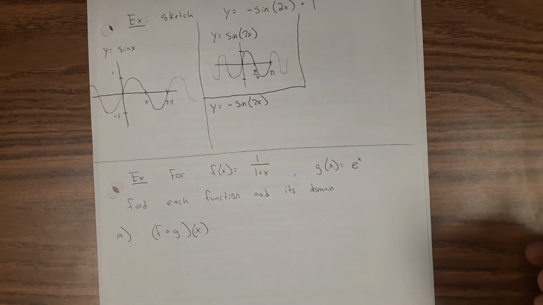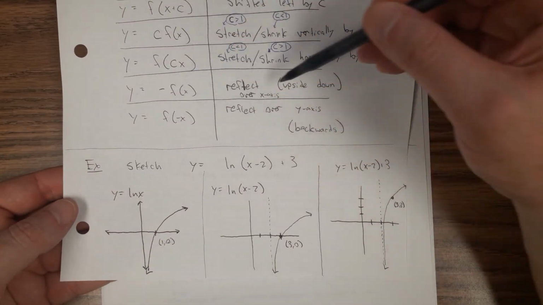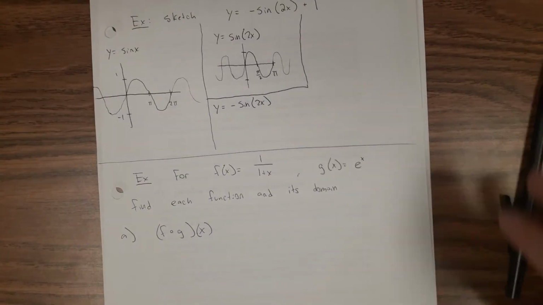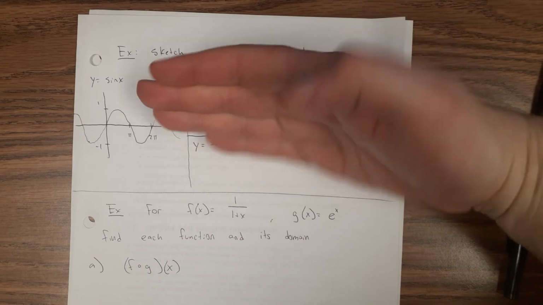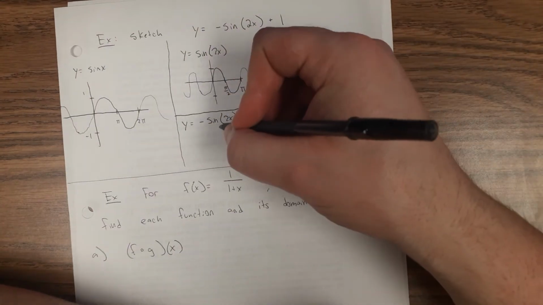What does a negative in front of the function do? Well, it's a reflection over the x-axis, so it's upside down. I take my previous graph and flip it upside down.